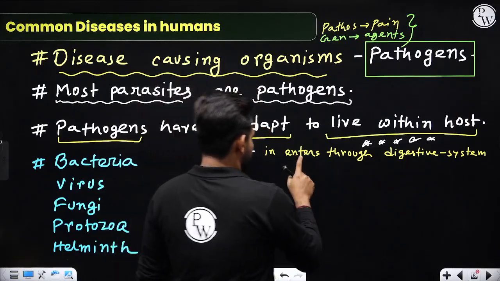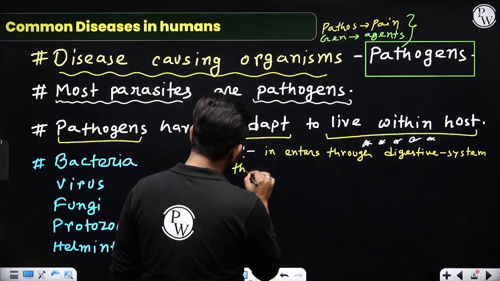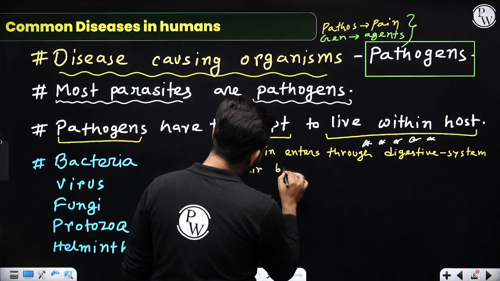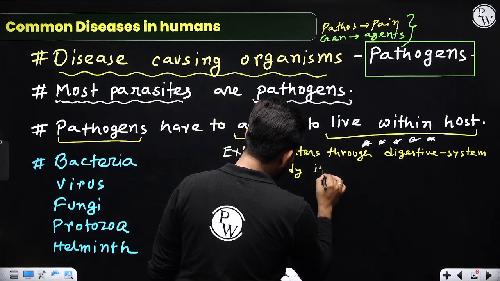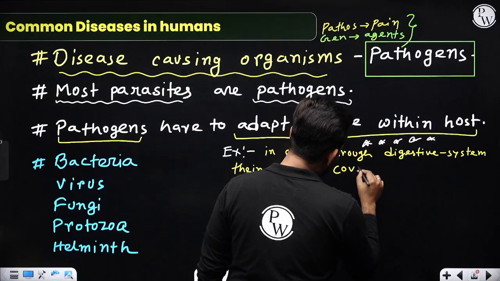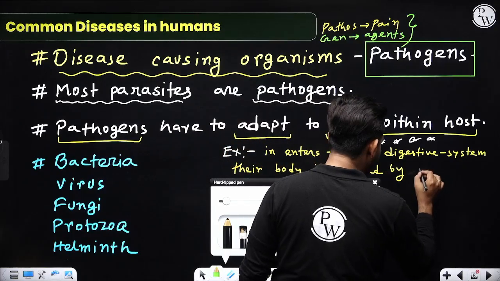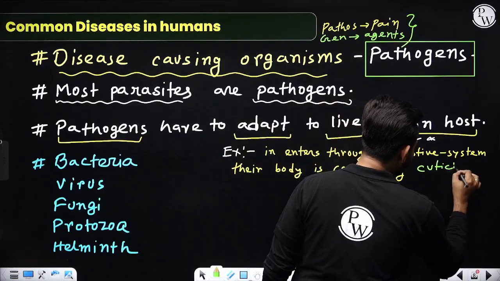So parasites which are entering through the digestive system, their body is protected or covered by a protective covering of cuticle.